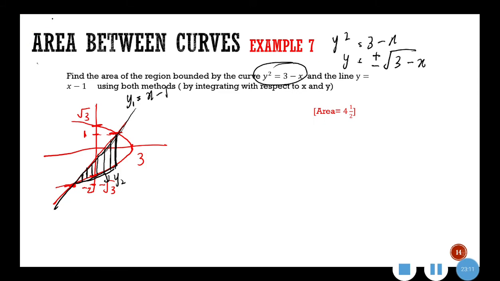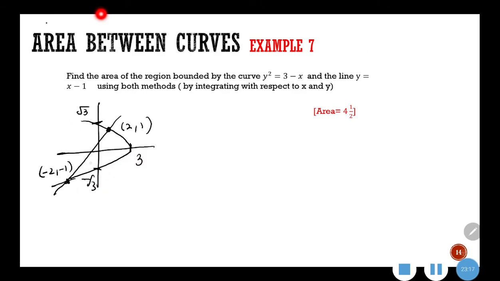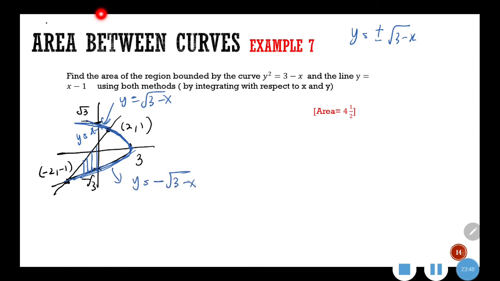So the integration is like this. This is y equals x minus 1, and the curve is y equals plus or minus the square root of 3 minus x. The upper part is y equals the square root of 3 minus x, and below here y is negative, so y equals negative square root of 3 minus x.